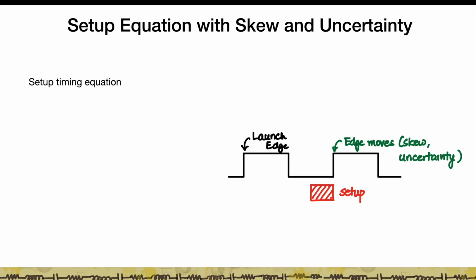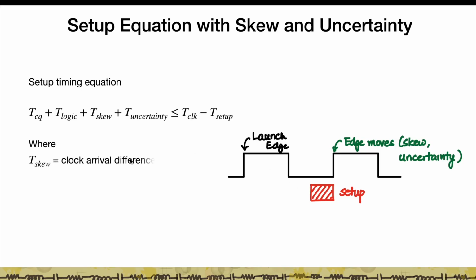So, putting it all together, the complete setup timing equation looks like T_CQ plus T_logic plus T_skew plus T_uncertainty should be less than T_clock minus T_setup. The left side is everything that eats into your timing budget: data path delay, any negative skew, and uncertainty margin.